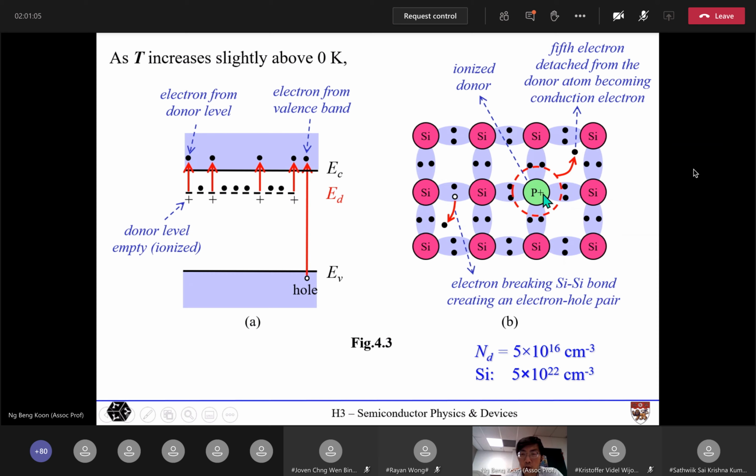Notice the difference between this and a hole. A hole corresponds to a vacancy in the silicon-silicon bond, and this vacancy can move by having another electron from a neighboring silicon-silicon bond break off to replace that vacancy, so that the vacancy shifts to a different lattice position. In the case of this ionized phosphorus atom, it is fixed in location because it's covalently bonded to the neighboring silicon atoms.